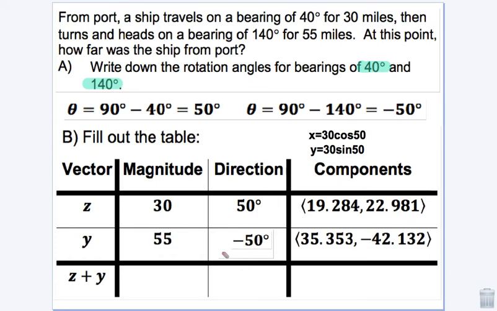I can use the same formulas, but change this to 55 and this to negative 50 degrees to get my second set of components. I'm going to add those components together to get my resultant.